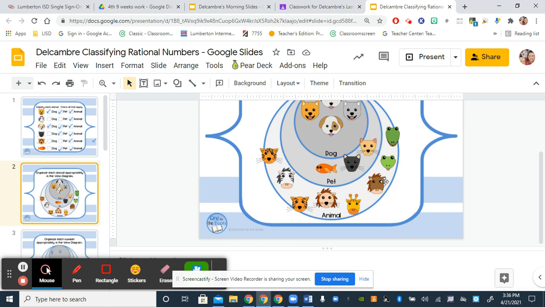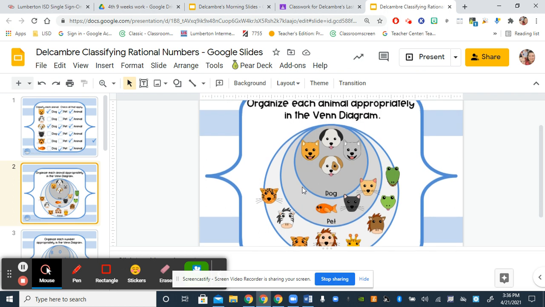Just like when we go into rational numbers, all whole numbers and integers are considered rational numbers. Mostly every number that we look at will be a rational number. Now, when you go on to 7th grade, you will have some irrational numbers, and you'll talk about that then. But such as, like our dogs, they were on 3 levels. They were both a dog, a pet, and an animal.